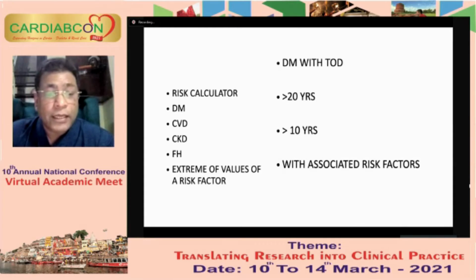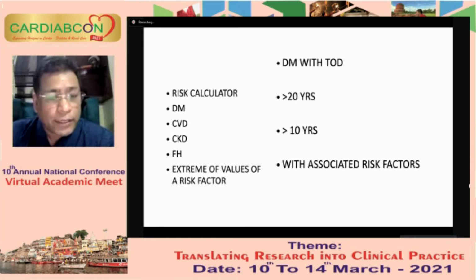So when we try to stratify patients according to their cardiovascular risk factors and status, there are risk calculators. Most males more than 40 years can use either a SCORE system or an ASCVD risk calculator, or you can also use the Framingham risk calculator. But there are some additional risks which put a patient into a different category.